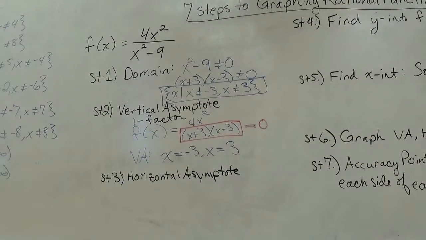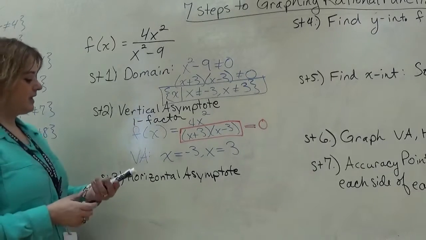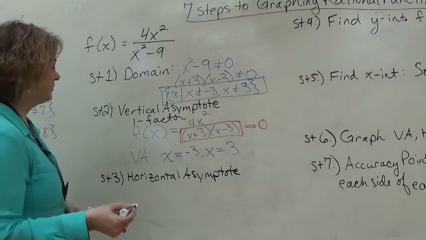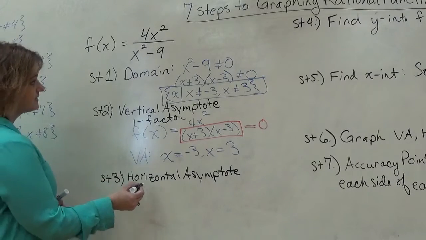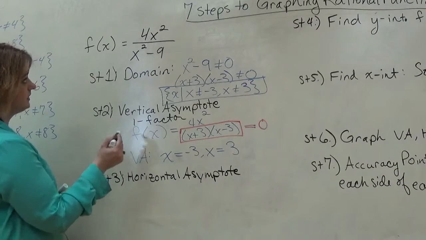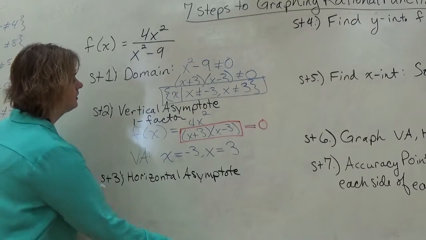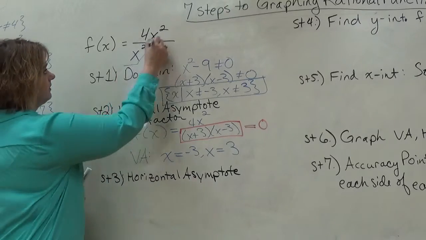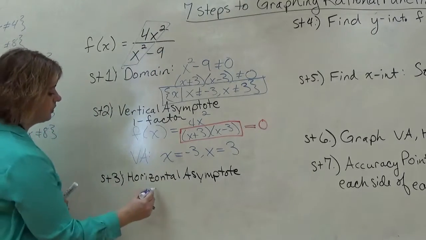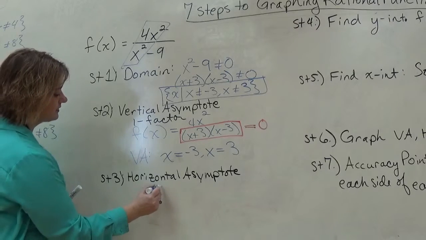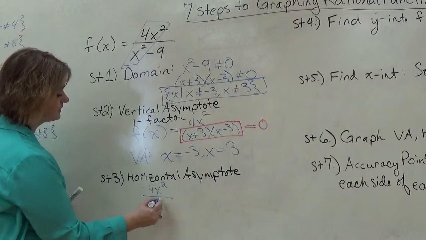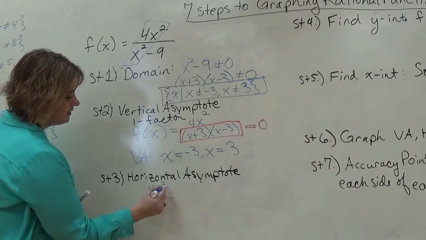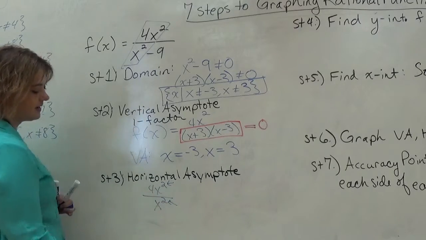So for the horizontal asymptotes, we use one of our 3 rules that we had. If you go back to your rules, so in this case, you're only looking at the equation right here. So we're only looking at the 4x squared over the x squared part, and we're using these exponents.